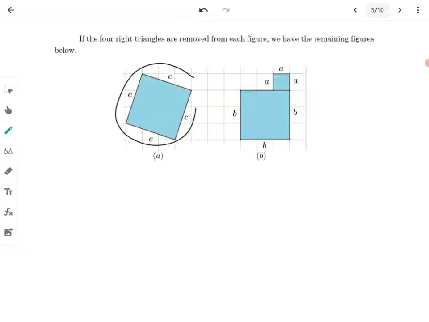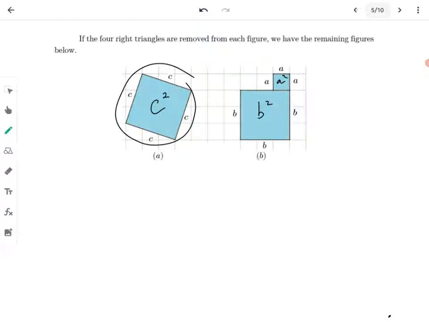To get the area of a square, we simply square the side. So the area of this is C square, the area of the larger square is B square, and the area of the smaller square is A square.